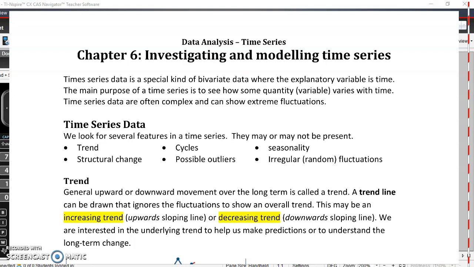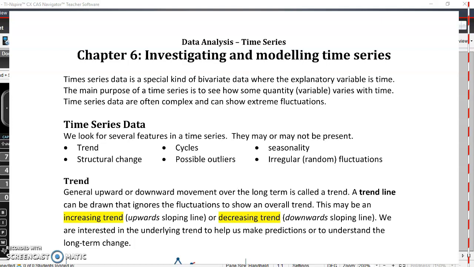Why are we interested in this? So that the owner of the shop can start to make guesses about what's going to happen in 2 months' time, 3 months' time. Are our sales increasing? Are our sales decreasing? We want to look at that overall trend.